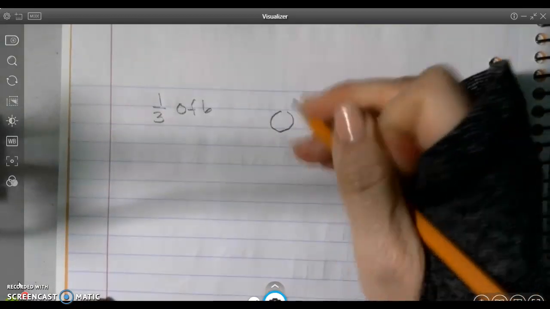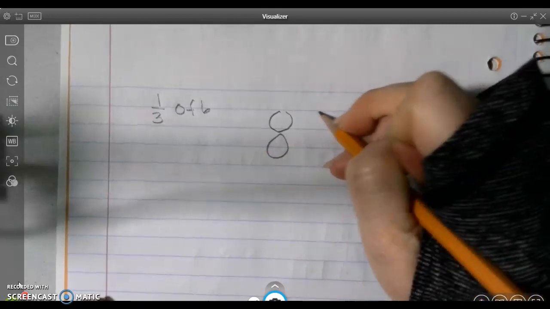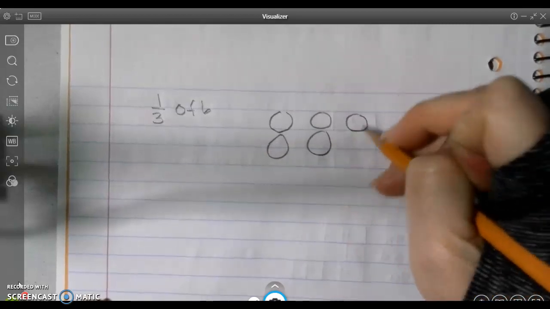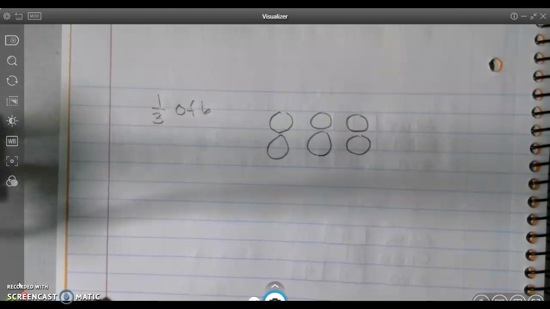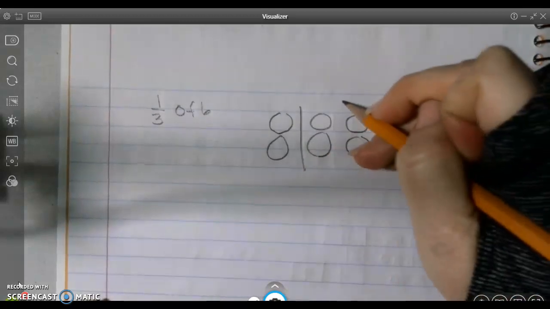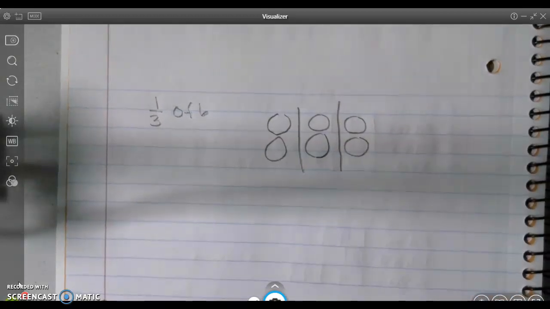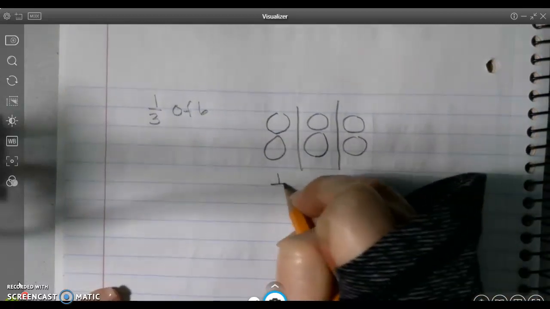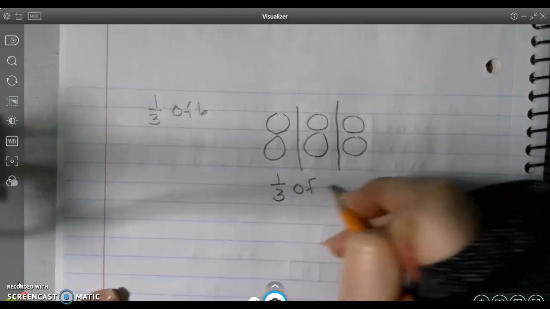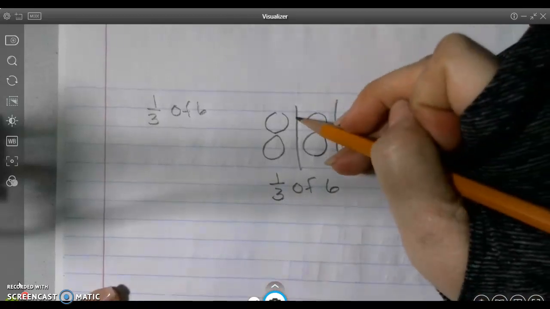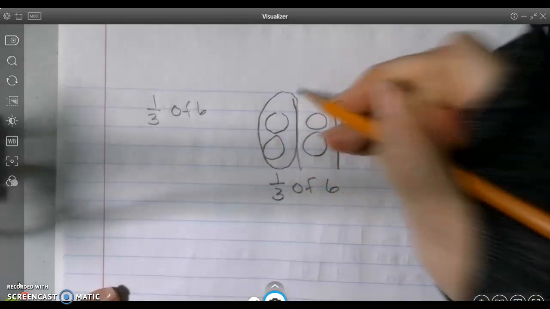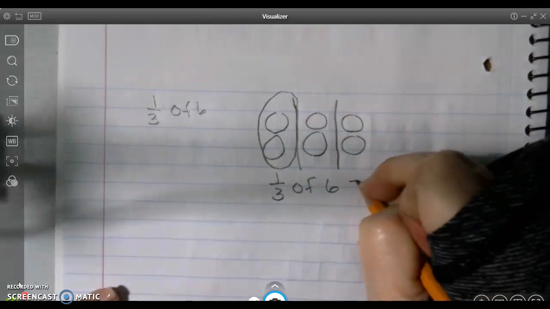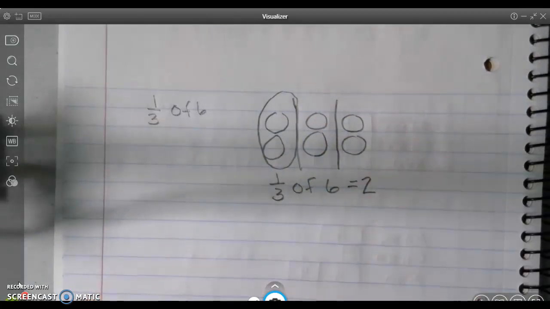So if you're doing 1/3 of 6, if I have 6 circles and I divide it into thirds, right? 1/3 of 6, if I just want 1/3 of 6, that would be 2.